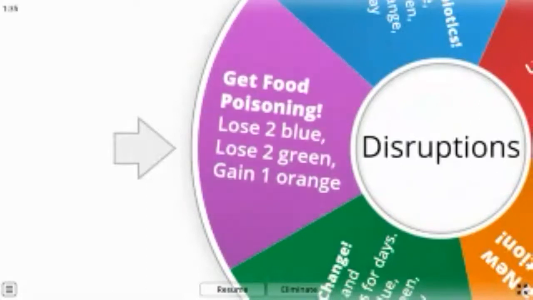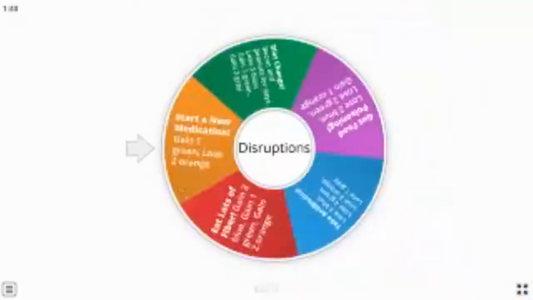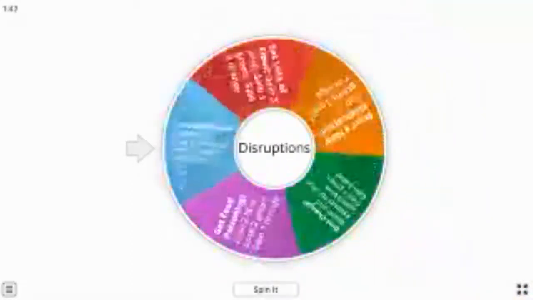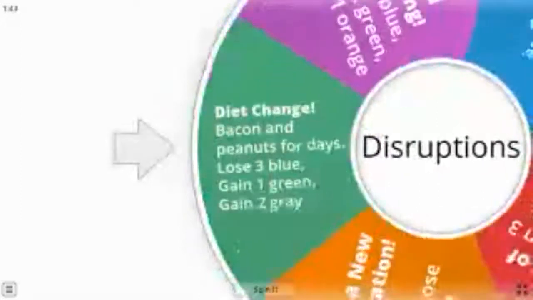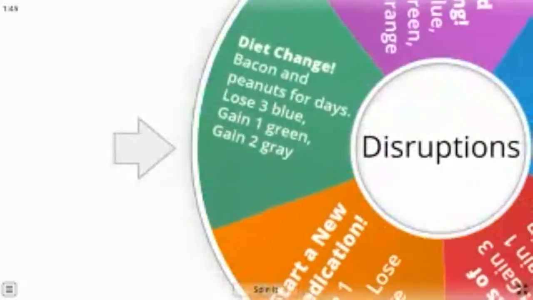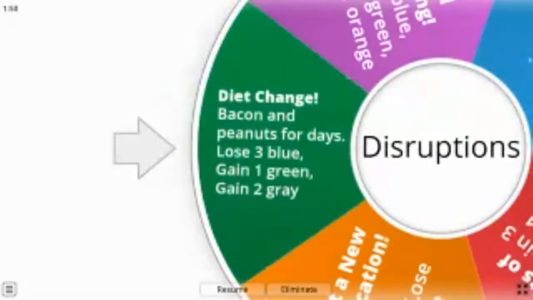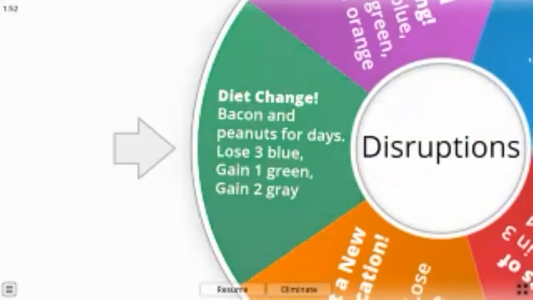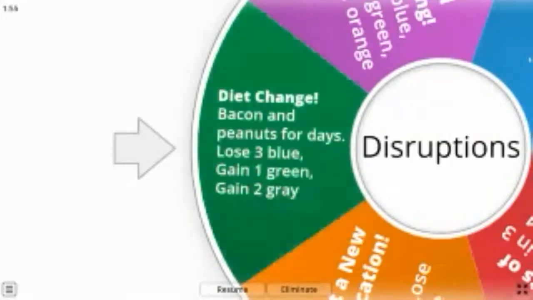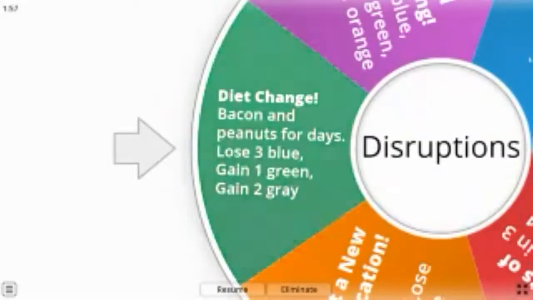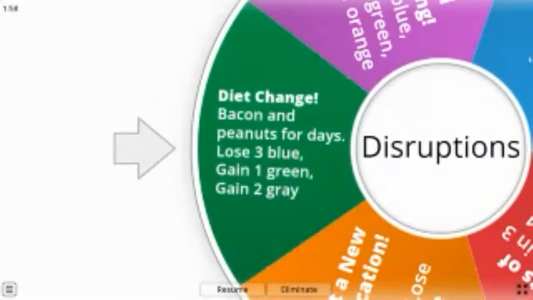All right, and our last one. Diet change, bacon and peanuts for days. So in this case, we're going to lose 3 blue, we're going to gain 1 green and gain 2 gray. So that is the last of our spins.